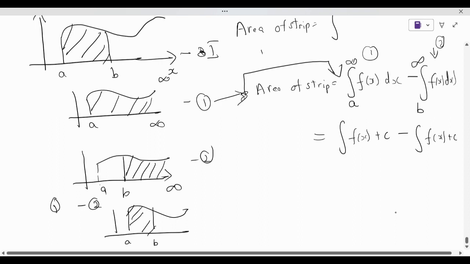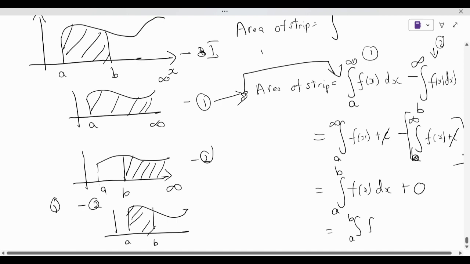Now when I write these, this gives me an area f of x dx starting from A till ending at B. Now plus C and minus C cancel. So I'm getting f of x dx from A to B plus 0.